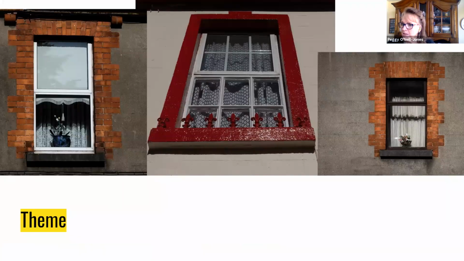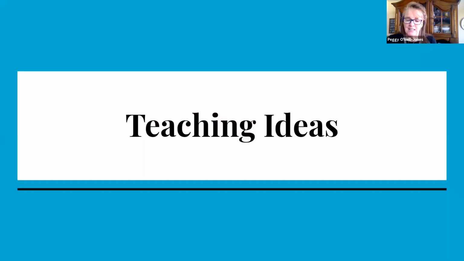And the same thing with the windows from Ireland, that they very much wanted to deliver an external message to who lives in this house. So that's the idea behind photographing a theme, and then some teaching ideas for how you might use that.